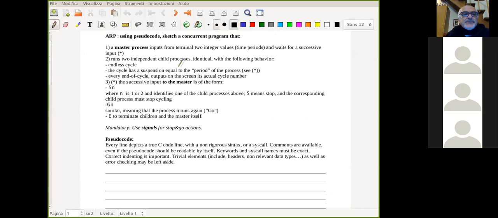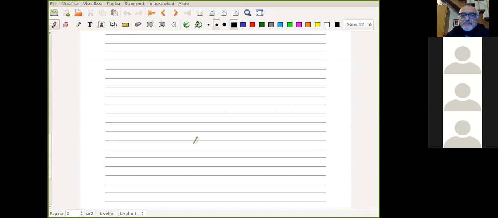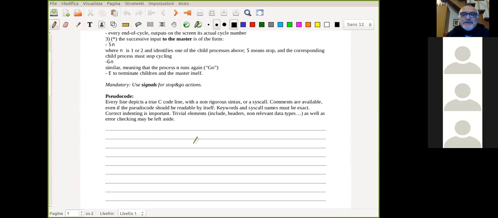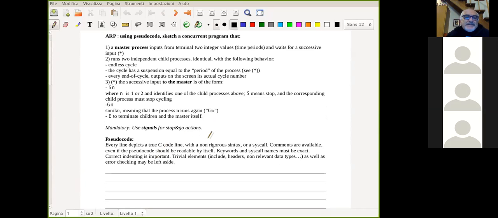The idea is to solve directly on a sheet of paper, on a virtual paper, a solution using pseudocode. What is a pseudocode? We have discussed it yesterday. Everybody knows what it is, and everybody has his or her personal style and rules for writing pseudocode.